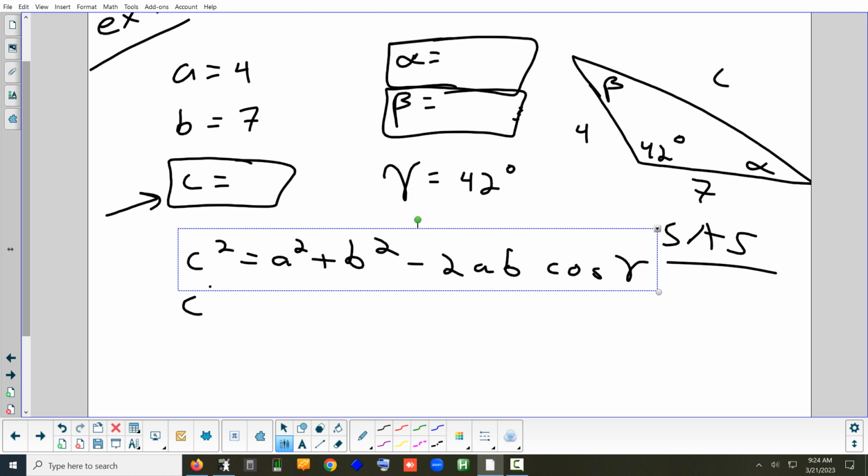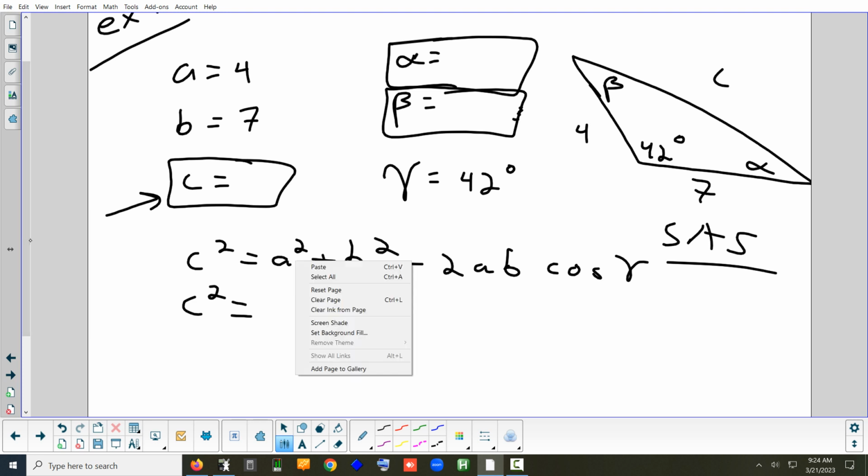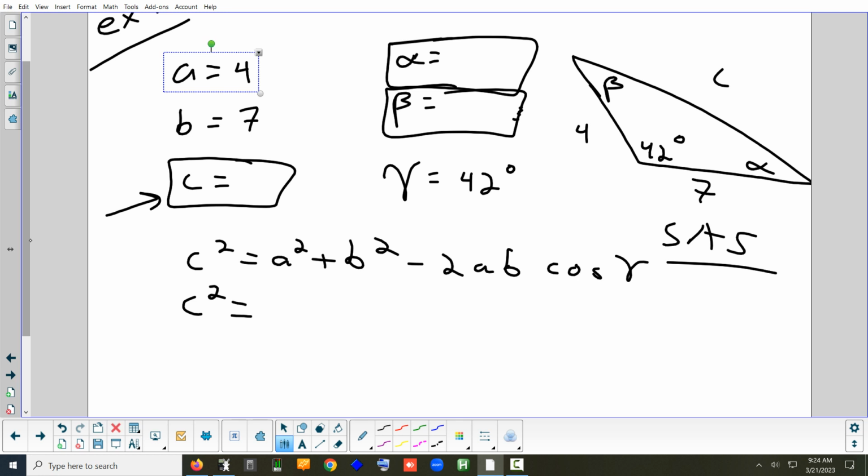So C squared. And we can do some of it as we go, so it doesn't take as many steps. The next thing you need is A squared. What's A squared here? Yep, 16. Okay. What's B squared? Yeah, 49.